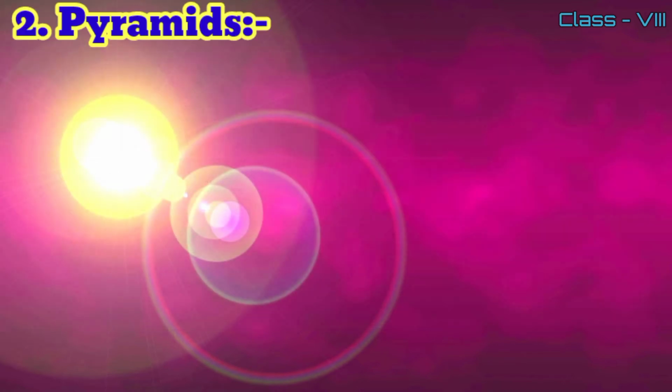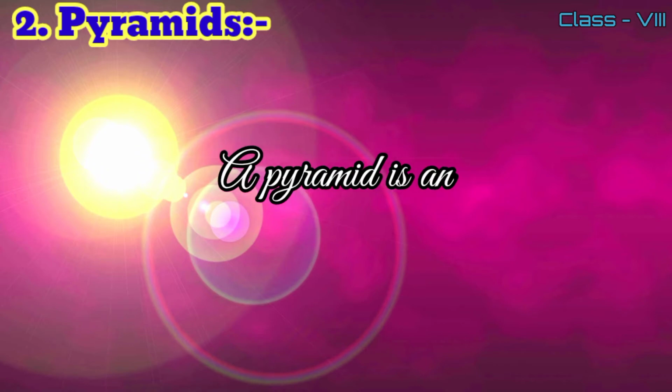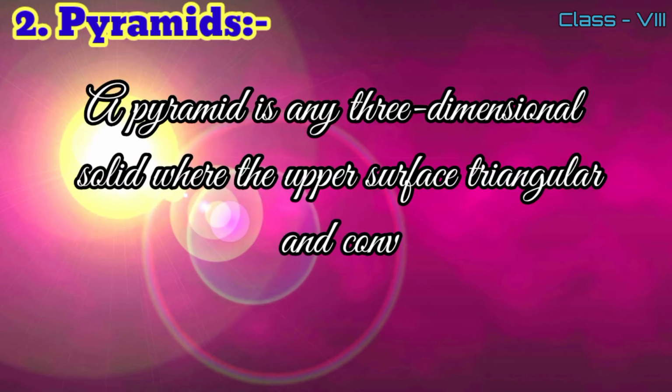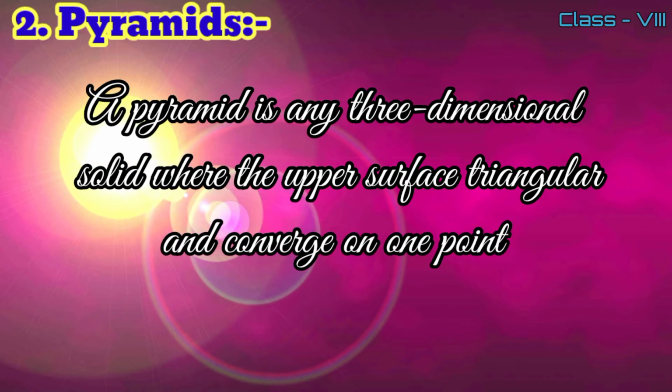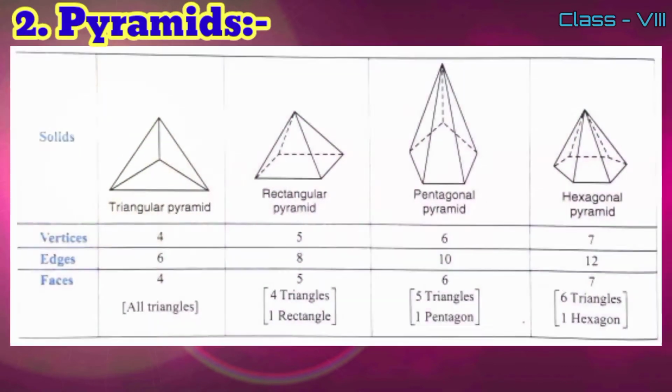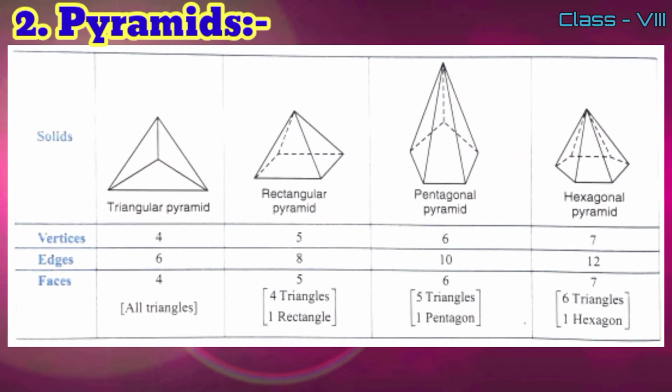Number 2, pyramids. So what is the definition of pyramid? A pyramid is any three-dimensional solid where the upper surfaces are triangular and converge on one point. If we observe the examples, in the first one, in the base there is one triangle, and in the upper part there are three triangles that converge on one point.